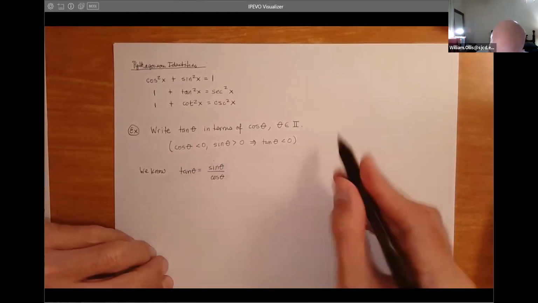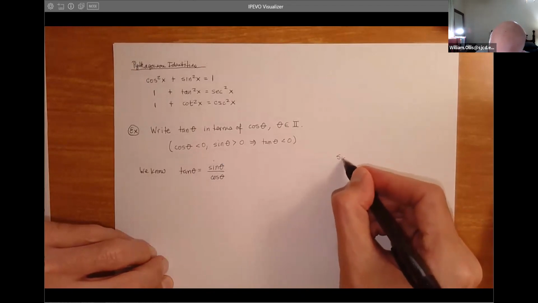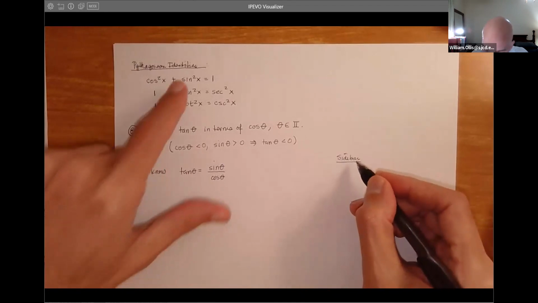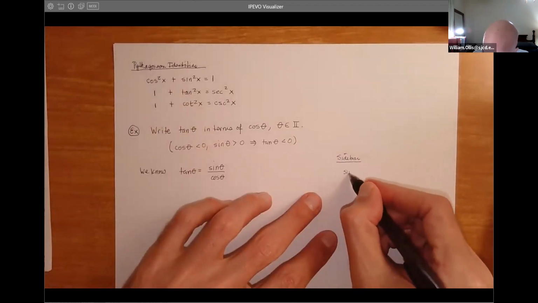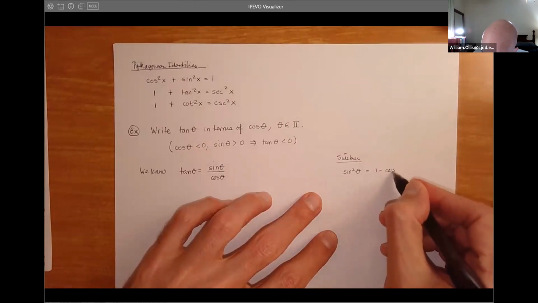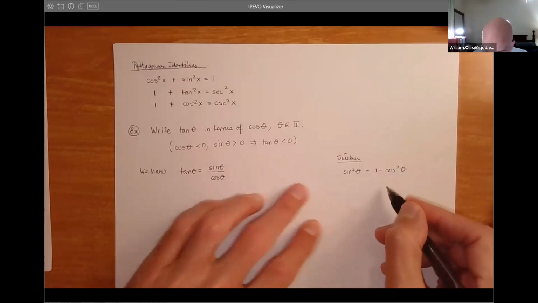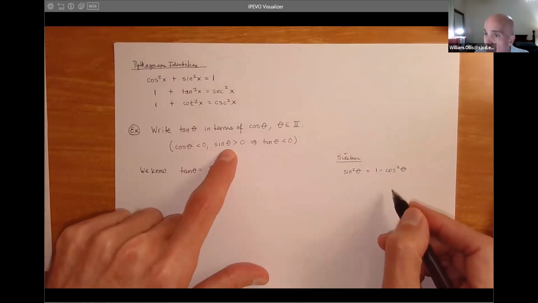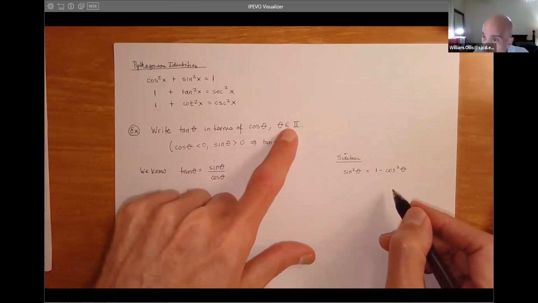But notice, here's our little sidebar. We know that sine squared theta equals 1 minus cosine squared theta. And now the convention says that the sine of theta will be what?